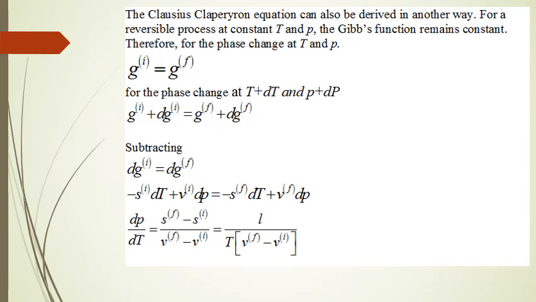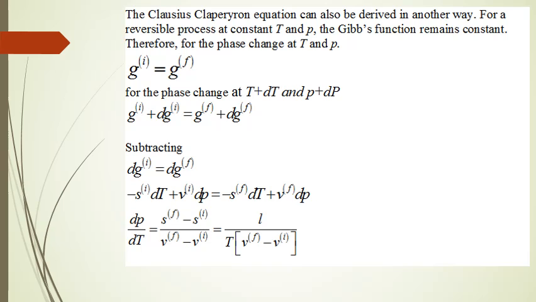Now the Clausius-Clapeyron equation can also be derived in another way. For a reversible process at constant temperature and pressure, the Gibbs function remains constant. Therefore, for the phase change at given temperature and pressure, g^i is equal to g^f. Now for the phase change at T plus dT and P plus dP, g^i plus dg^i is equal to g^f plus dg^f.